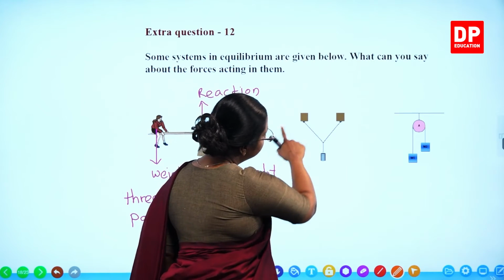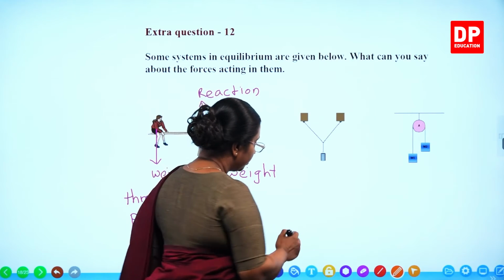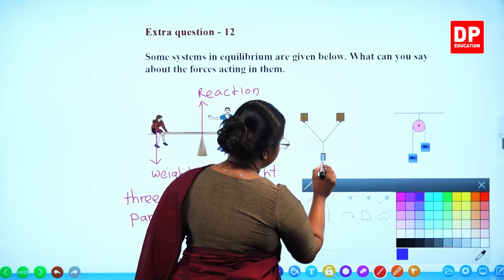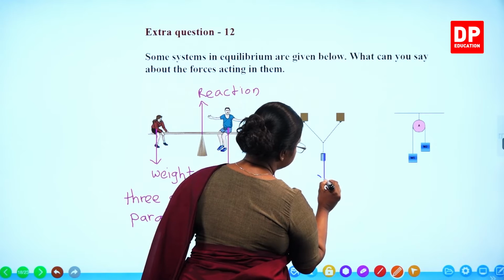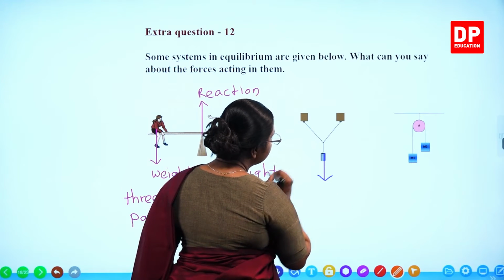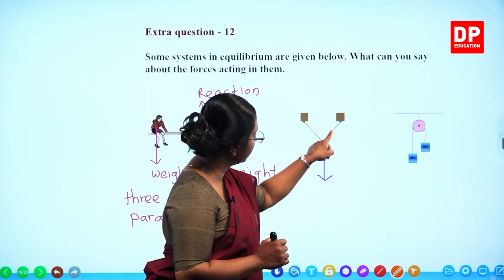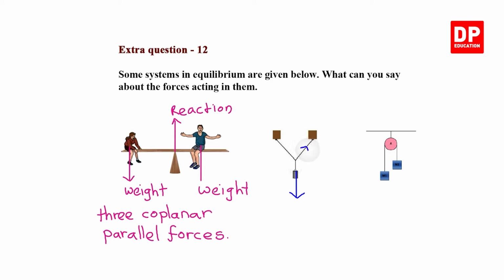So here, what is this instance, students? You all can see a weight hanging. So the force will act downwards. Then what happens there? It has been suspended using 2 strings. The tension will act on the string like this. So those are 3 forces.